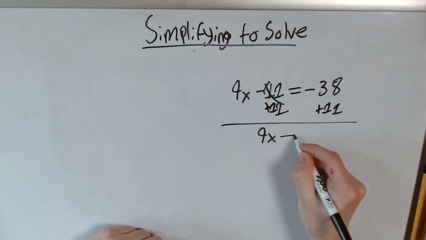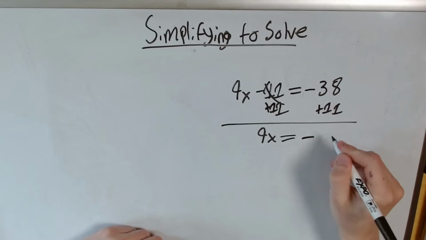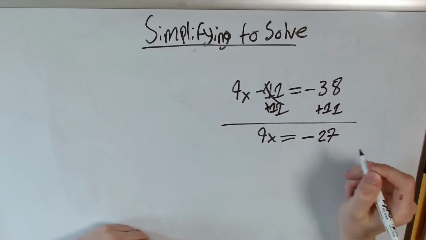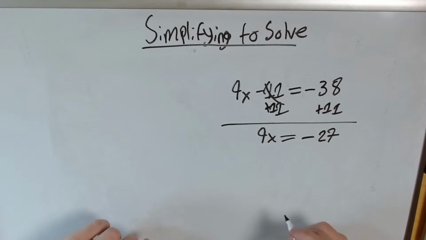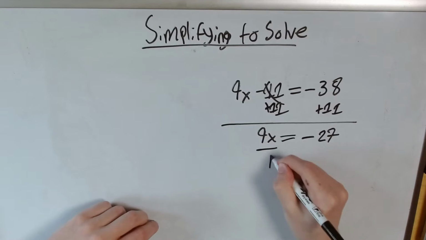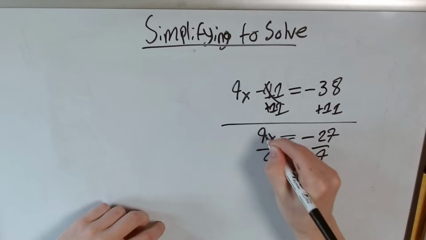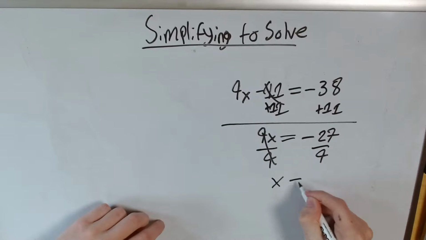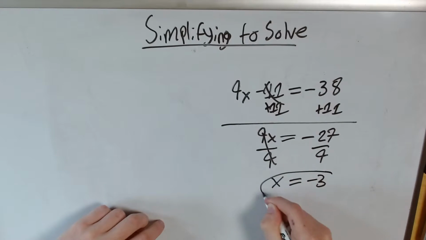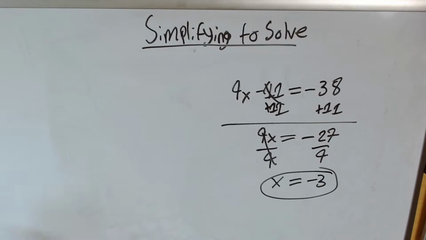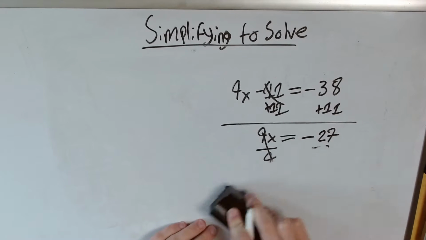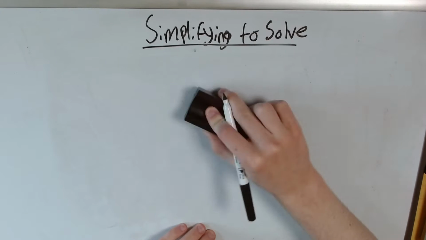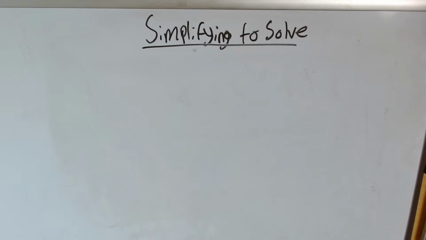I get 9x equals negative 27. Then I get rid of multiplication and division. So now I'm dividing by 9 on both sides. Cancels out. I get x equals negative 3. That's my final answer. Now you might be saying, well, this is looking pretty easy. And if so, that's good. Let's do one last trick question before we move on.